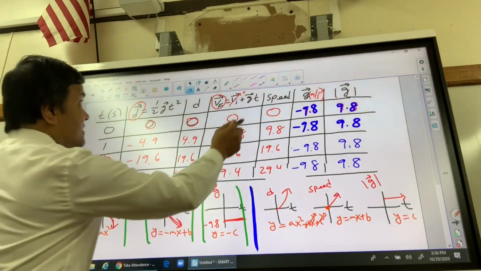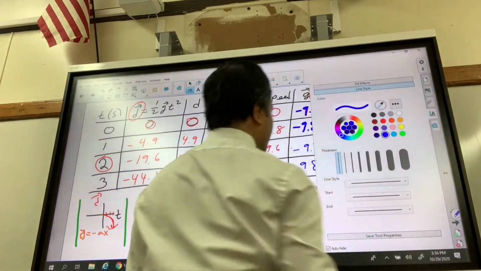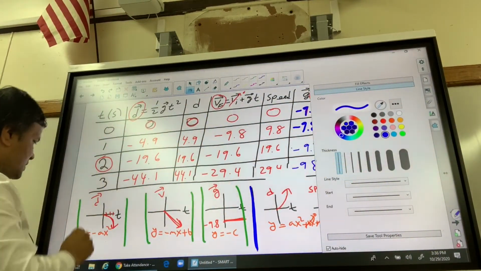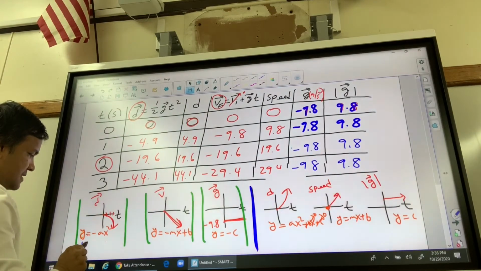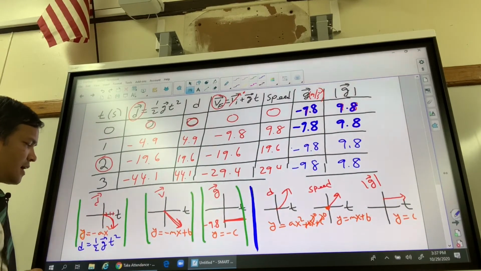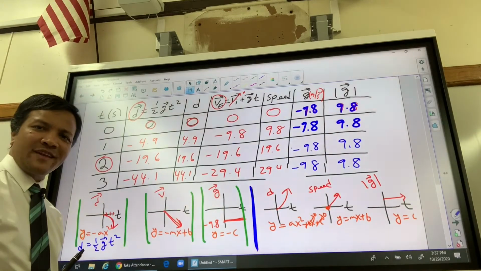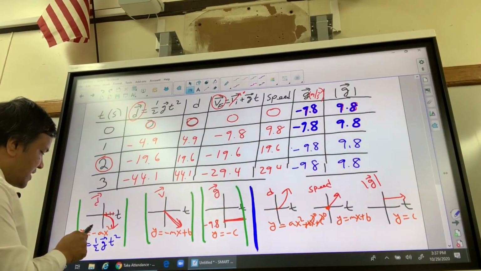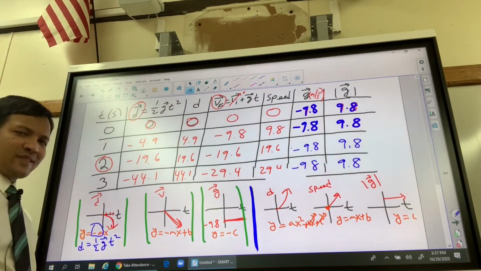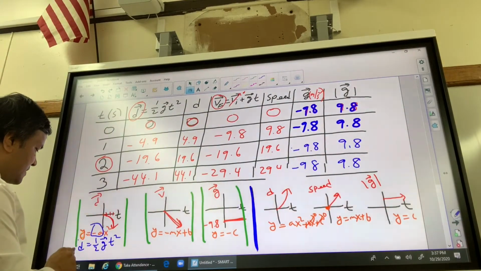Now the physics: d is equal to half g t squared. That means a must be 4.9, or negative 4.9 for the signed version, which I'll prove next time.